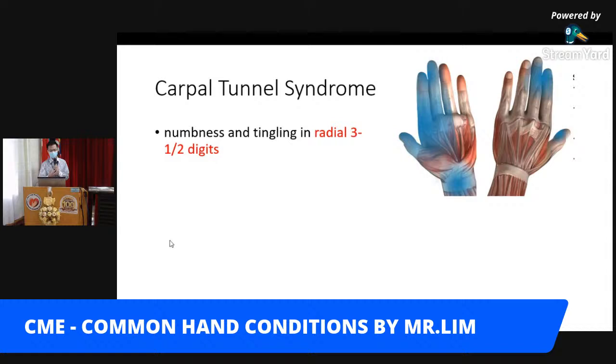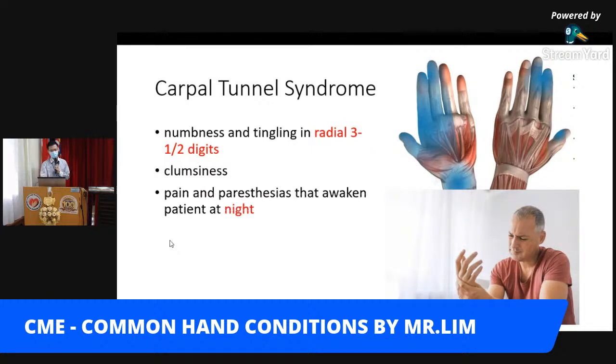Some will even map it out to you, this is the area that I have numbness. The pain and the paresthesia, the feeling of needles, and all the semut, the ants crawling feeling, awaken them at night. So it troubles them at night, a lot of night symptoms.